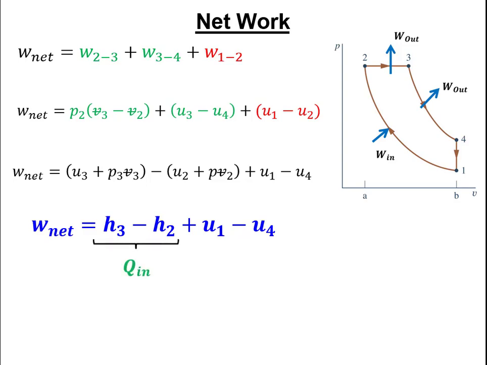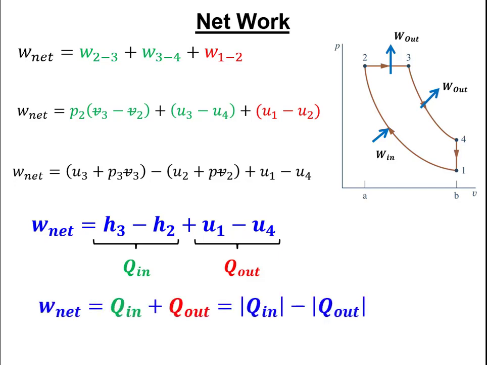I can also think of this equation, the net work, as Q in minus Q out, if I take the absolute values. But again, if I'm using the first law, this is Q in plus Q out, and I let the first law tell me what the signs of the different terms are.